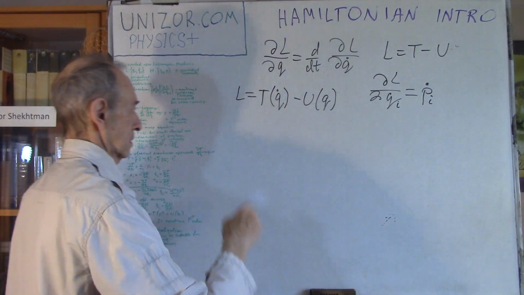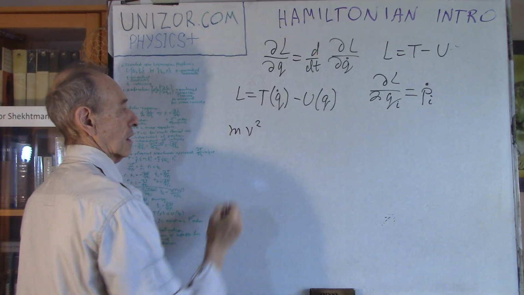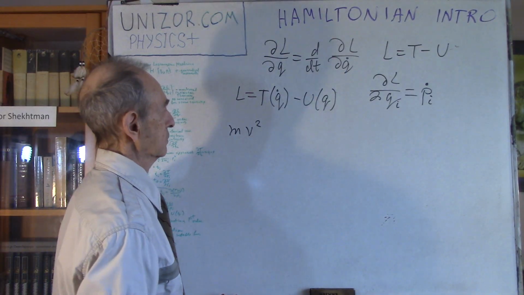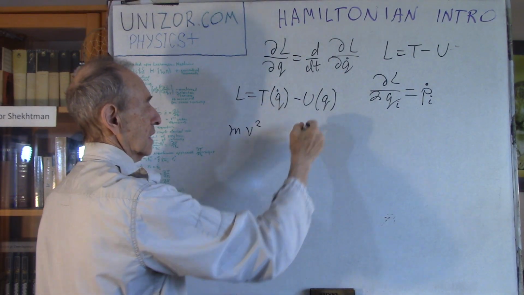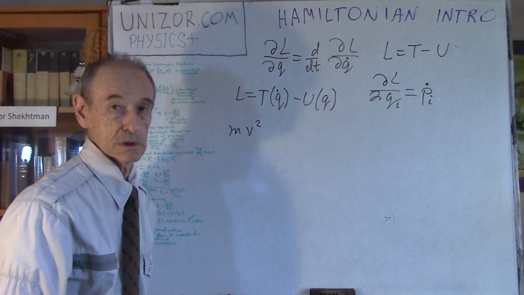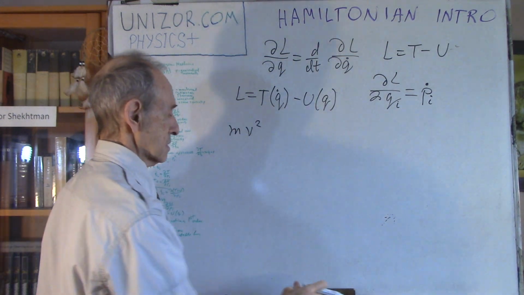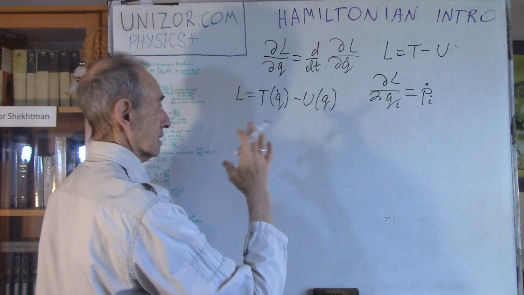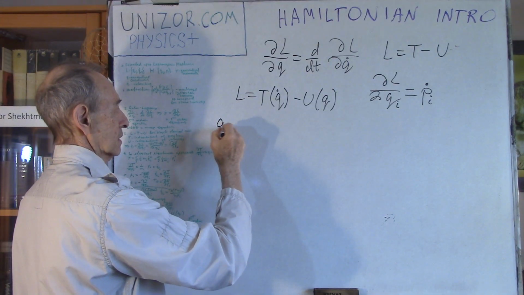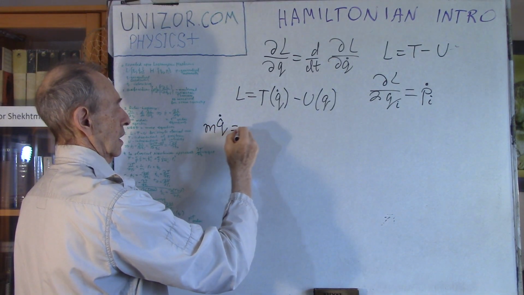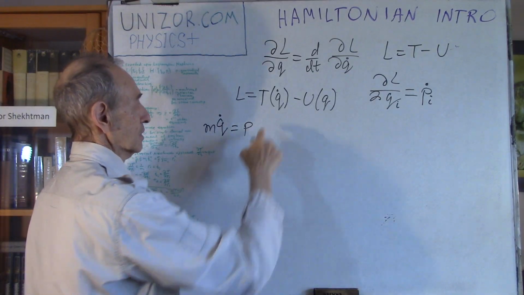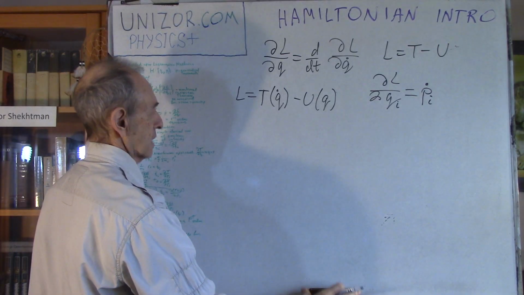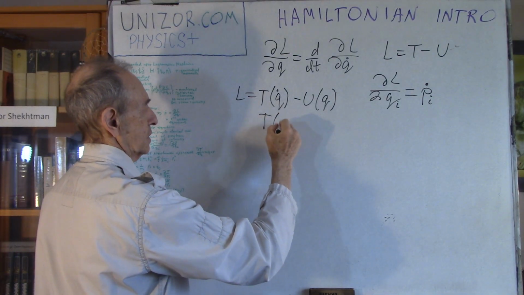It's basically, you remember, mv squared, and v is q dot, the time derivative of coordinate. And potential energy depends only on position, which means on coordinates. So in classical mechanics, we know that q and p are related. So I would like actually to have it rewritten as a function of p somehow.